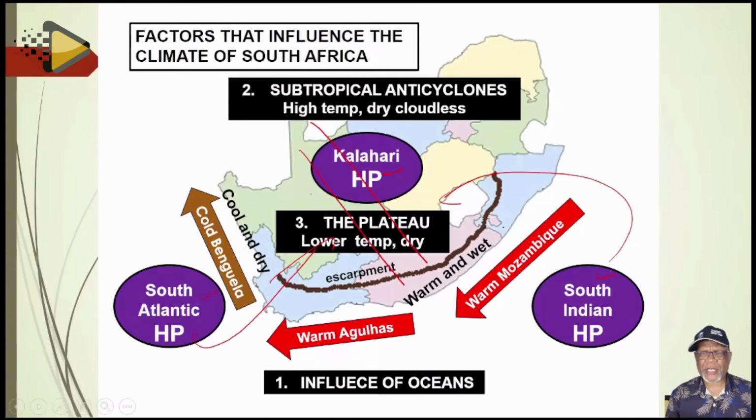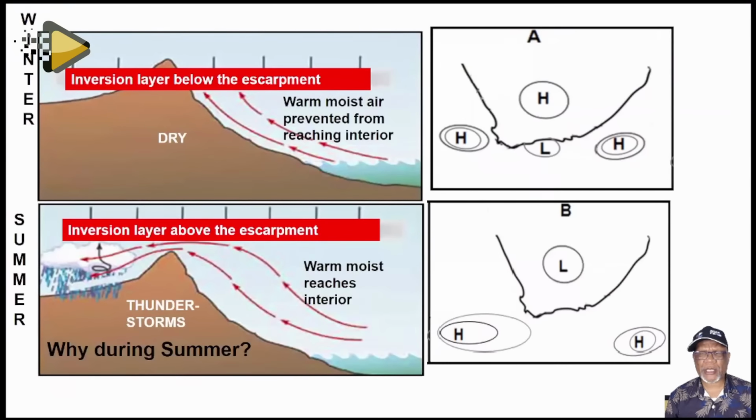So these are two diagrams that indicate different seasons. Look at the inversion layer here. The inversion layer is below the escarpment. Why is the inversion layer below the escarpment? Because the Kalahari high pressure is dominating the interior. So this diagram and this diagram are related.